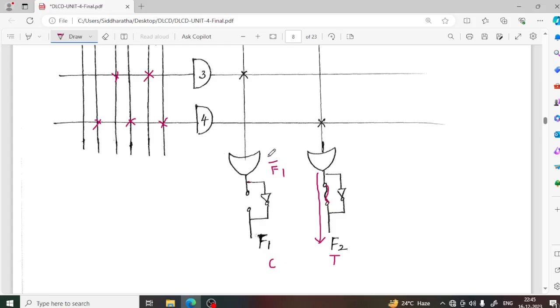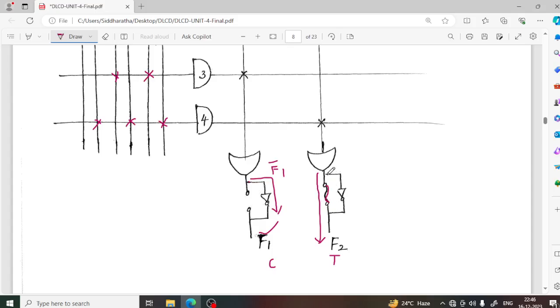In this example we consider F1 bar and F2. So here F1 bar is realized, but we require F1. So F1 bar is passed through a NOT gate, so we can get F1, right? So for that, what is the status of the fuse? The fuse should be open. Why is the fuse closed here?